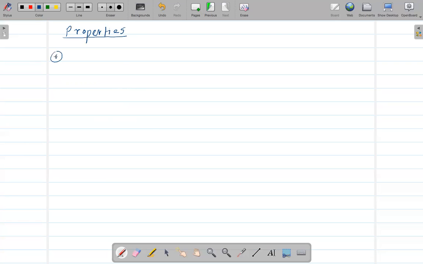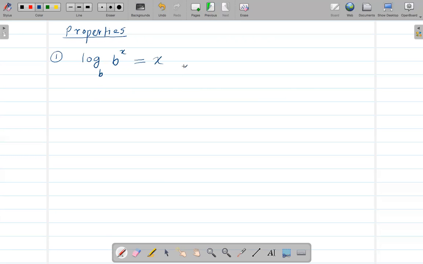The first one: let's say we have log base b of b to the power x. Here these two are the same, b and b. So if these two are the same, the value of this whole thing will be whatever we have in the power. This is equal to x.